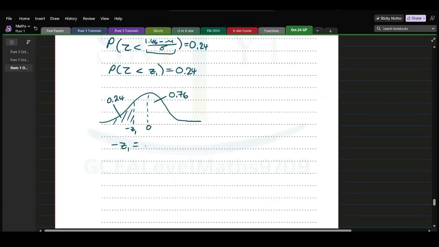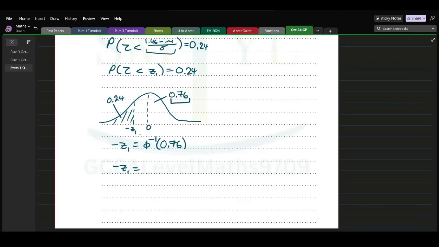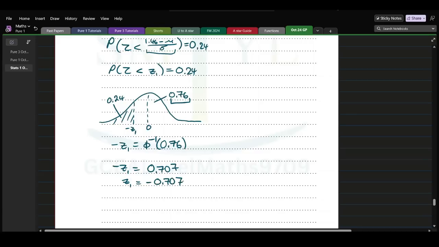We can find it by saying arc phi of our probability, or our area, 0.76, and we can read off the value of arc phi of 0.76 from our normal distribution tables, and this gives us 0.707. So Z1 is equal to negative 0.707.